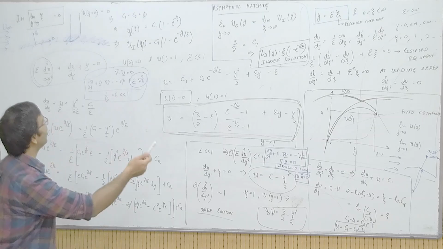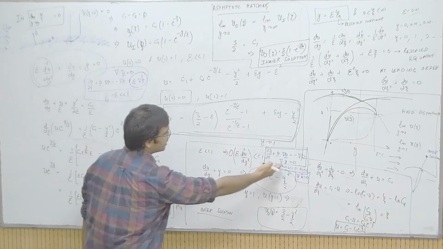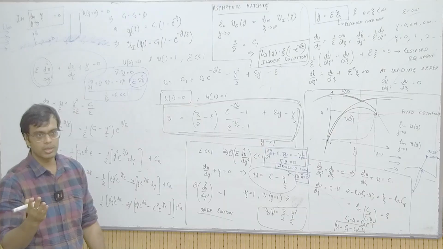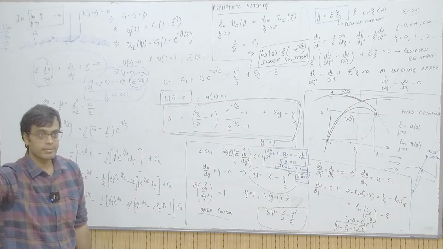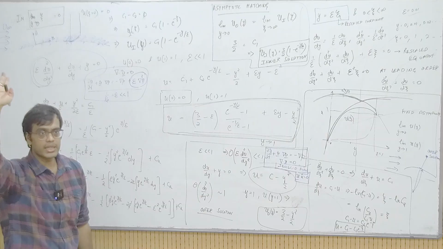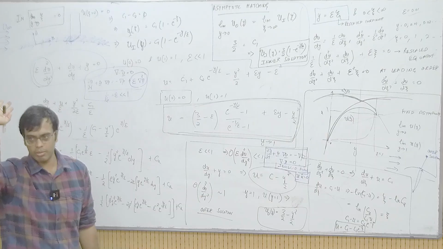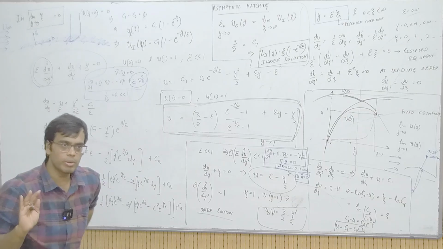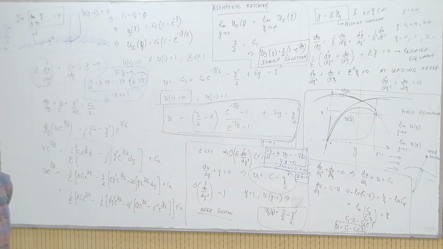If you recall, whenever I am dropping these terms, I am always writing that this is the leading order solution. There are further corrections that are to be evaluated. We don't care about them. As far as this course is concerned, we are always going to be bothered with leading order solutions.